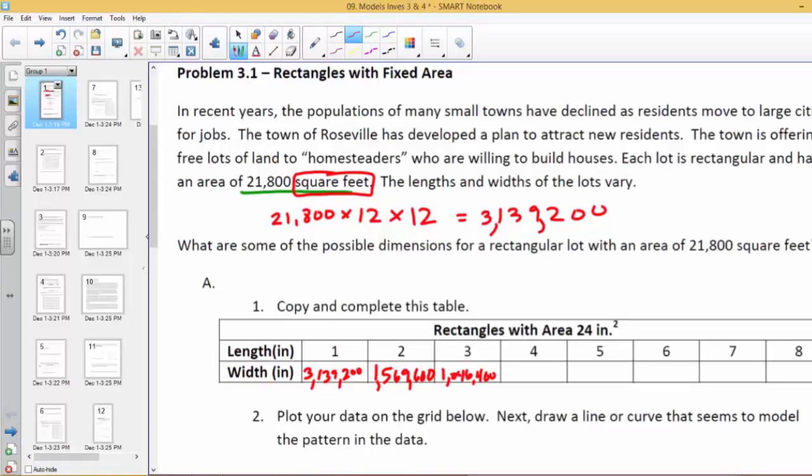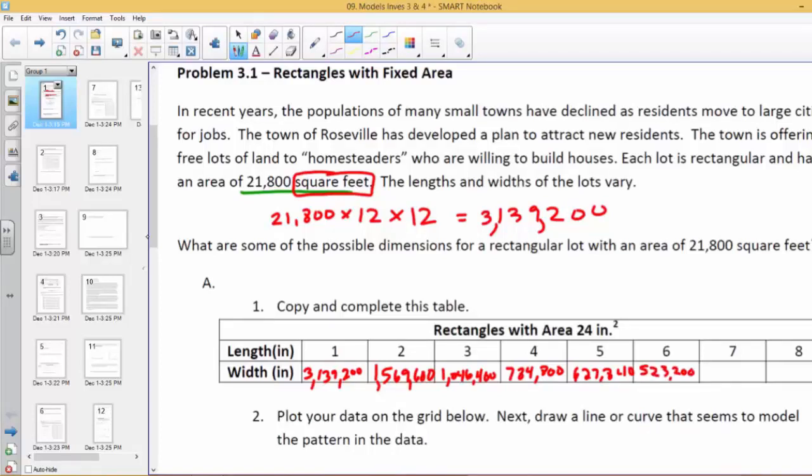If you divide by 3, you would get 1,046,400. If you divide by 4, you would get 784,800. If you divide by 5, you would get 627,840. If you divide by 6, 523,200.